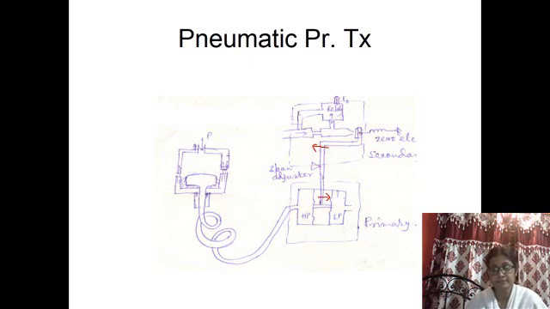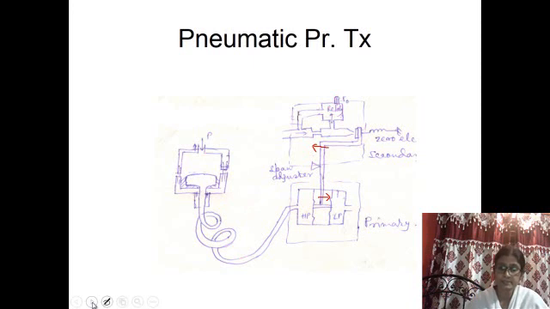As a result, the flapper will move towards the nozzle, so the nozzle feedback pressure will rise, and that goes to the relay, which is the amplifier. So when the input pressure increases, the output pressure P0 will also increase. Again, that depends on the use of relay type, whether this is direct action or reverse action type. So this is the function of the pneumatic pressure transmitter.